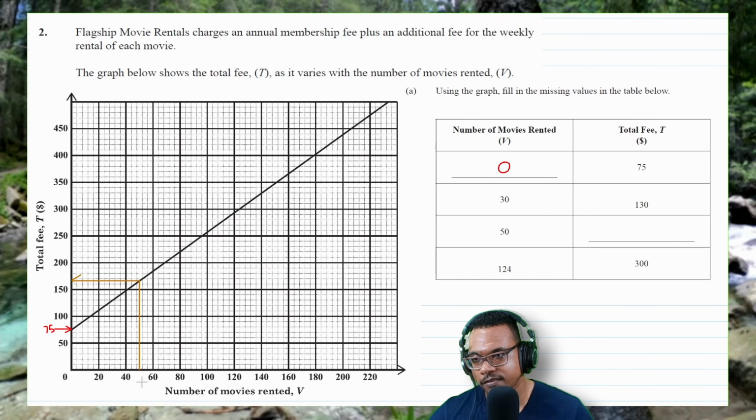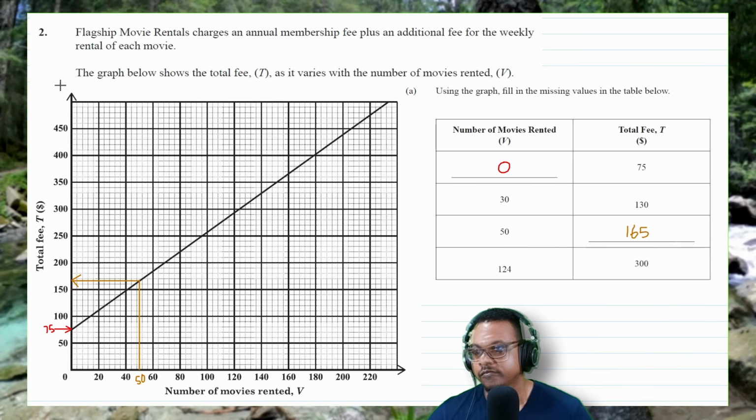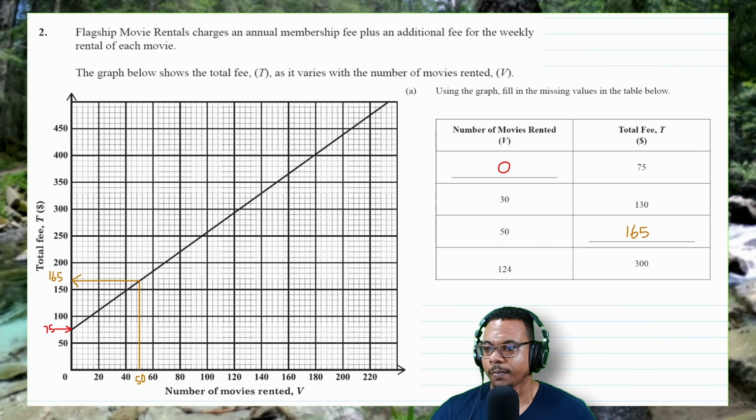This was my 50 here in brown. And if you count in here now, remember each block is 10 here, so 150, this will be 160, and the middle will be 5, so 165. All right, so that's the table completed.